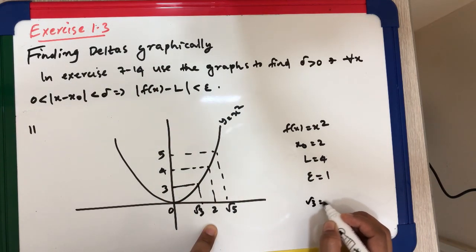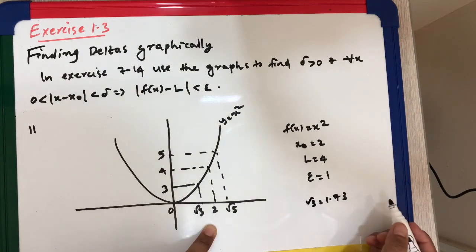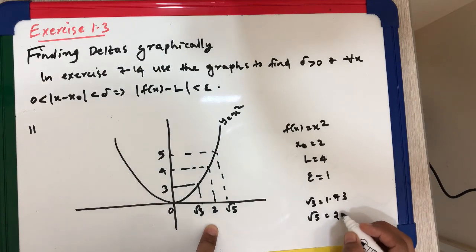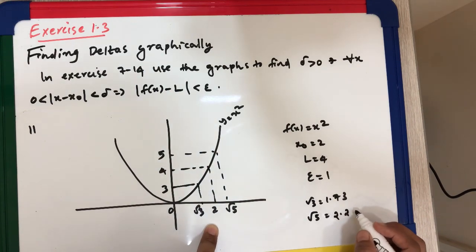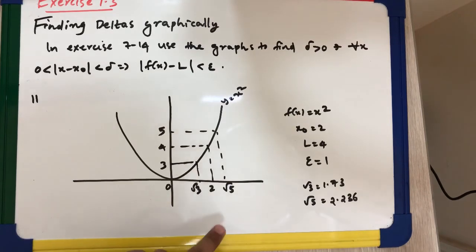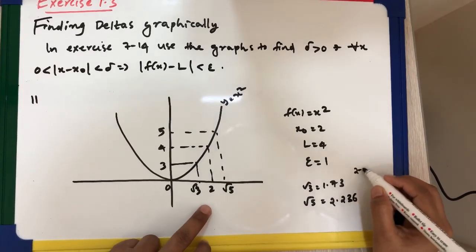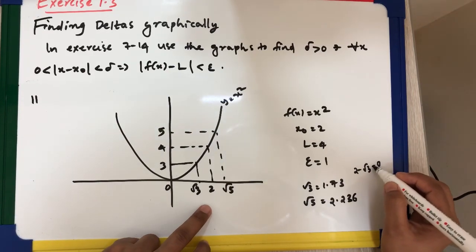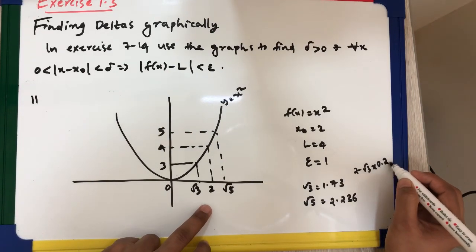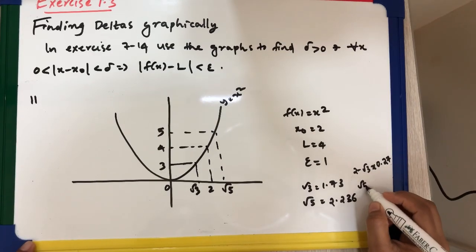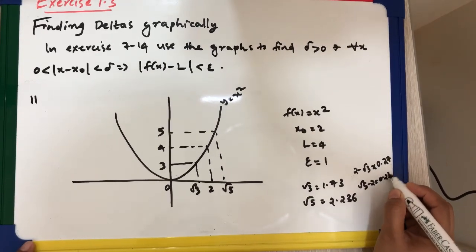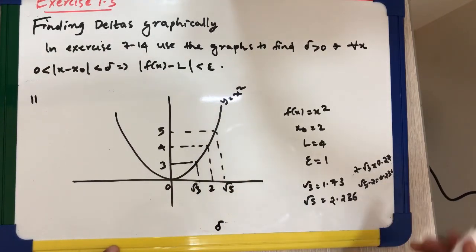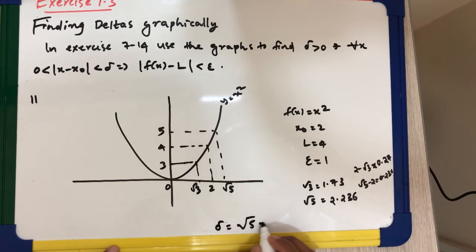Here root 3 is equal to 1.73 etc. and root 5 is equal to 2.236 etc. Now 2 minus root 3 is 2 minus 1.73, almost around 0.27 something, and root 5 minus 2 is 0.236 something approximately. Therefore minimum distance is root 5 minus 2. Therefore delta is equal to root 5 minus 2.